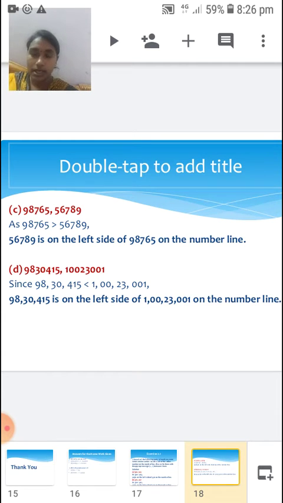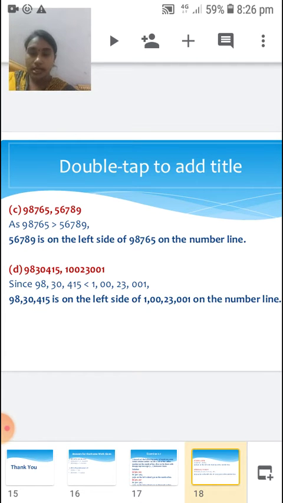Here the greater number is 98,765. So the sign will represent 98,765 is greater than 56,789. Okay, children? Did you understand how to do this sum?